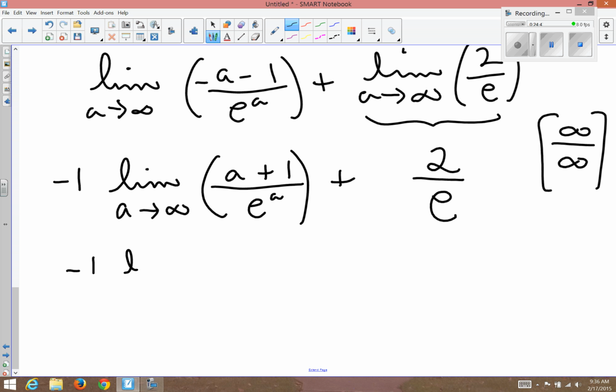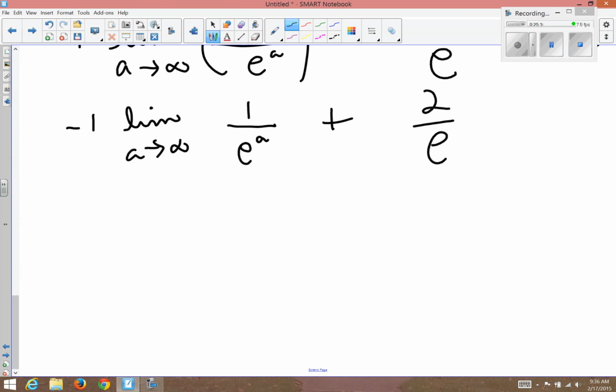And negative 1 gets brought down. L'Hopital's rule: we replace a plus 1 with its derivative with respect to a. That's this variable. We replace e to the a with its derivative. The derivative of e to the a is e to the a. Bring that down.